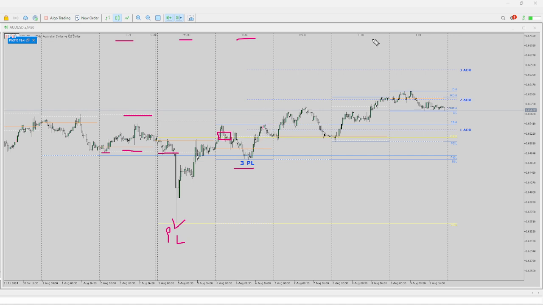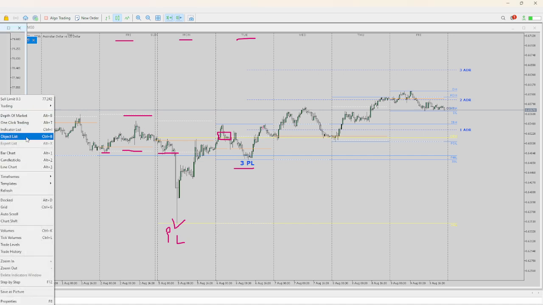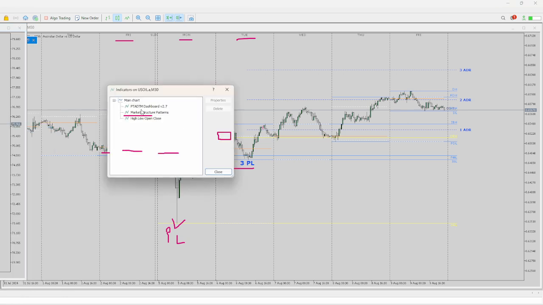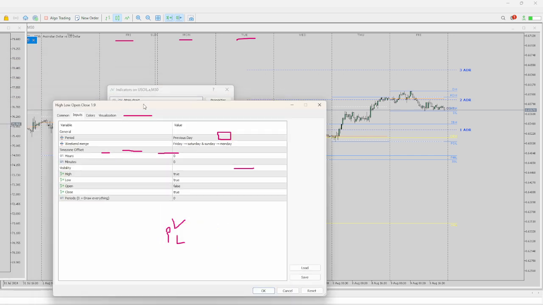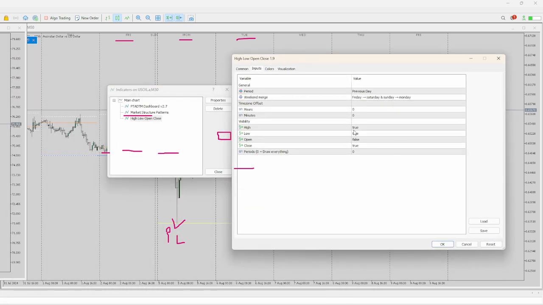So obviously, for this particular strategy, you're going to need a few things. You're going to need a previous day high and low indicator, which you can then also have, like this one is, let me show you. It's in the description too, the high low. So I have it to show the previous day high and low and the close.